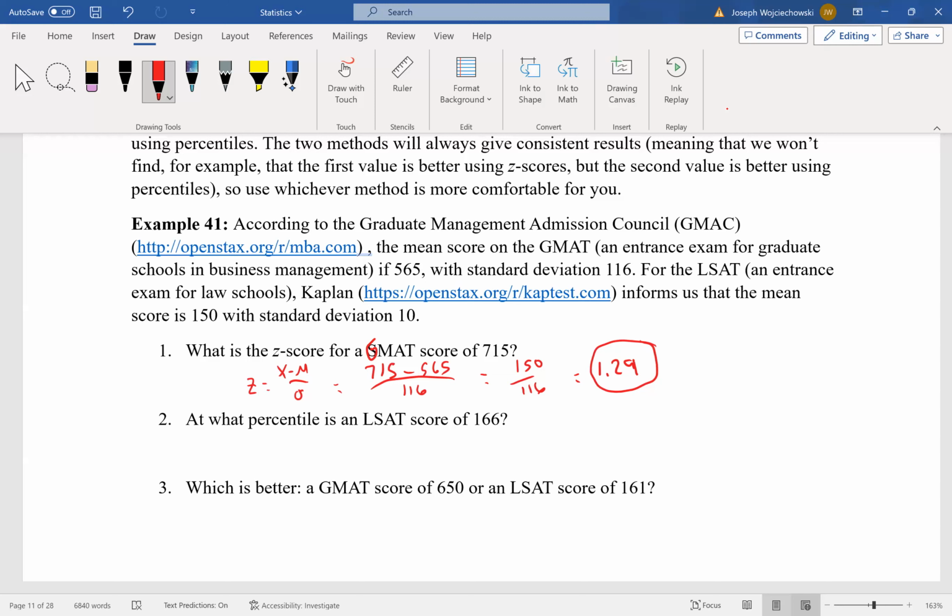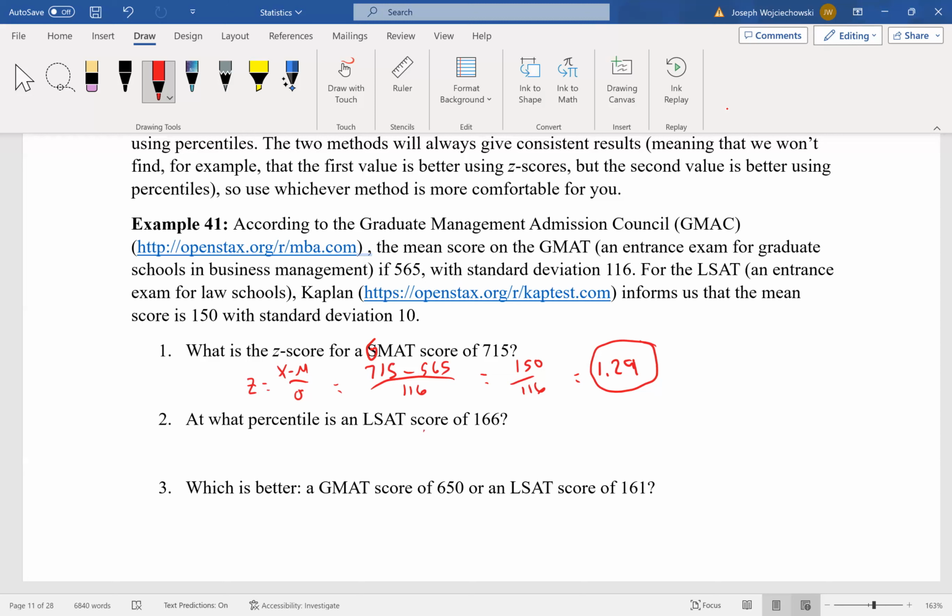Okay, at what percentile is an LSAT score of 166? Okay, so this one's a little more complex to work. Let's find the z-score.